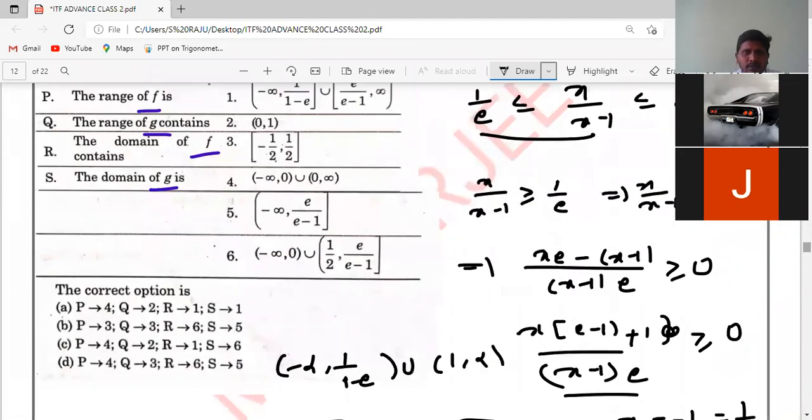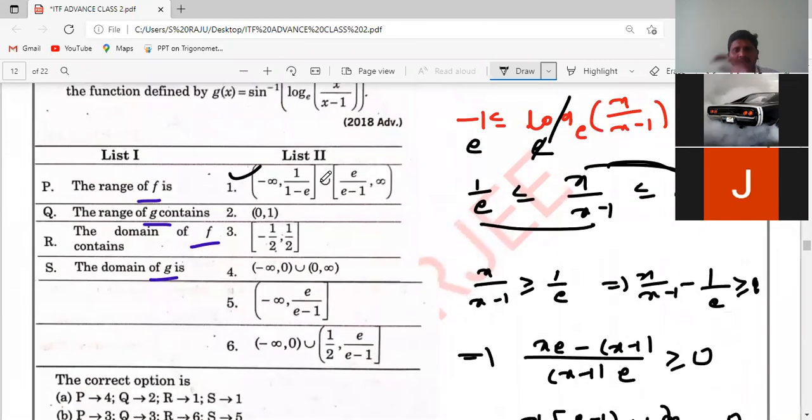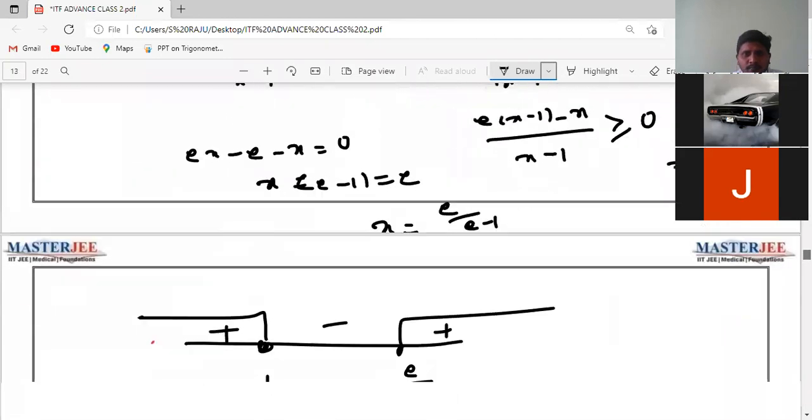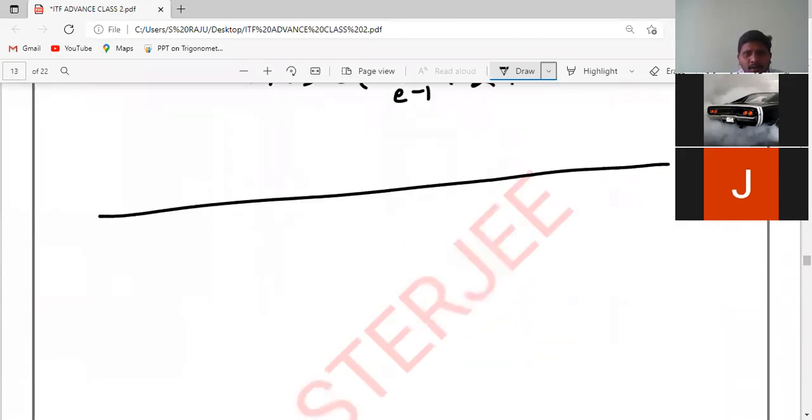So the combined region we are going to get is this value. When I draw the real line, here minus infinity, 1/(1 - e), here 1, here e/(e - 1) to infinity. So what are the regions we got?